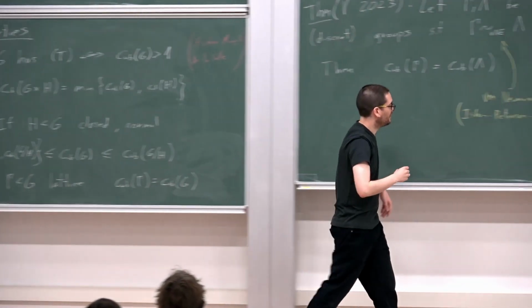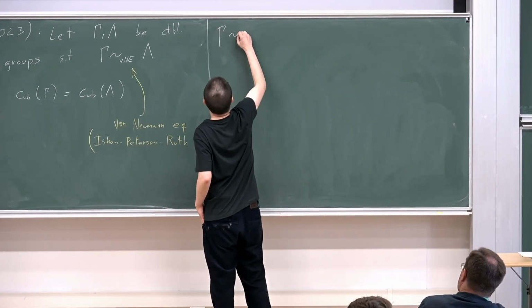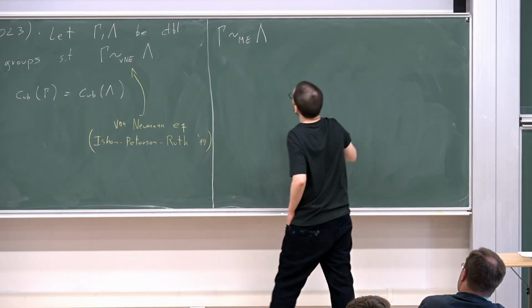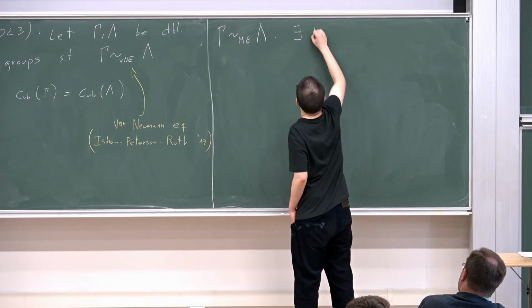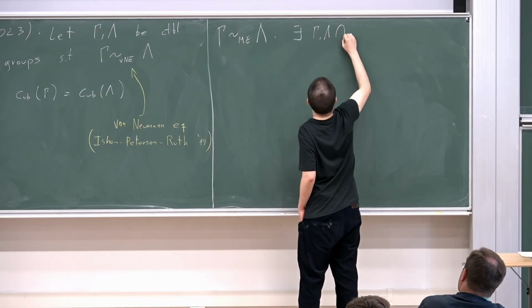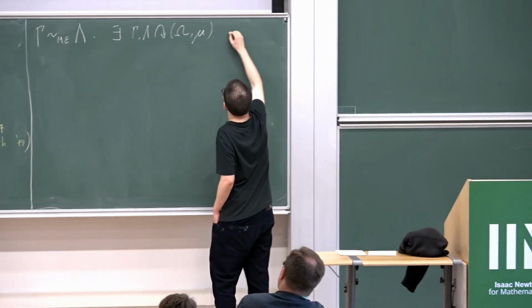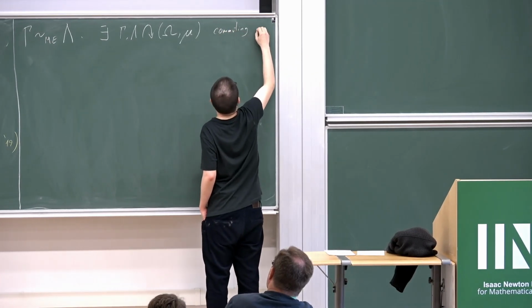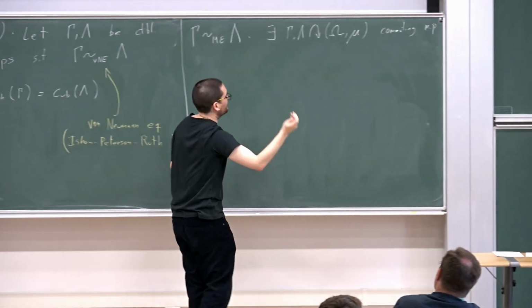Okay, so measure equivalence. This means that there are actions of gamma and lambda on a measure space. So these are commuting and measure preserving, and such that each action has a fundamental domain.